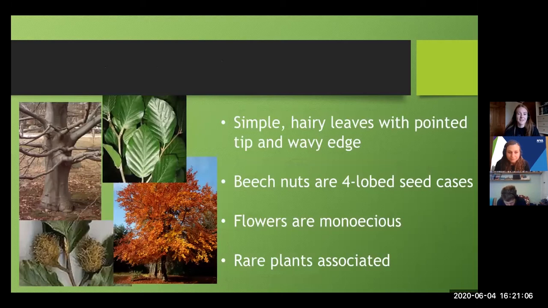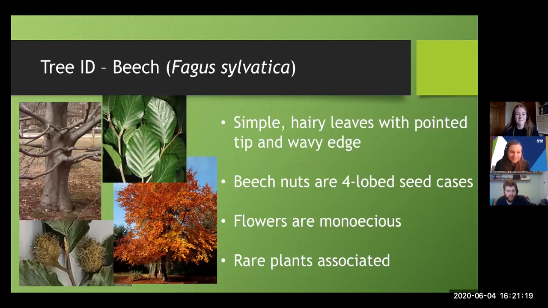Okay, any guesses for this one? This one is known as the Queen of the Forest, or Queen of the Woodland. So that's a beech. Simple leaves. They're quite hairy when they're younger. And they're wavy edged, so you can see the way the light's bouncing off because it's almost wavy.